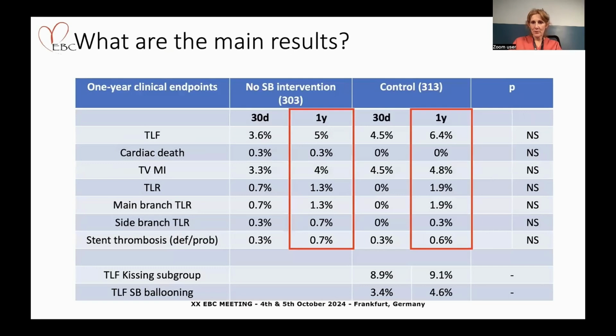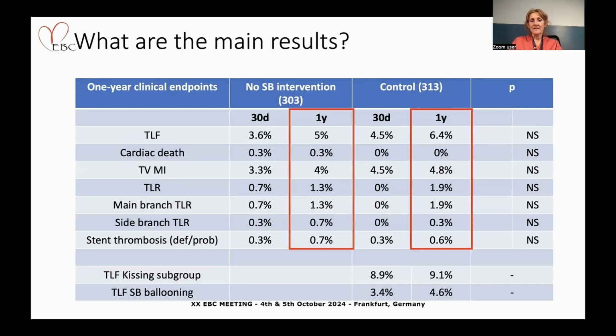So, clinical endpoints. Are there any differences in terms of target lesion failure, target lesion MI, or stent thrombosis? Well, no, we don't see that coming through at 30 days or at 1 year. No side branch intervention performs equally as well in terms of the clinical endpoints of target lesion failure and its components.